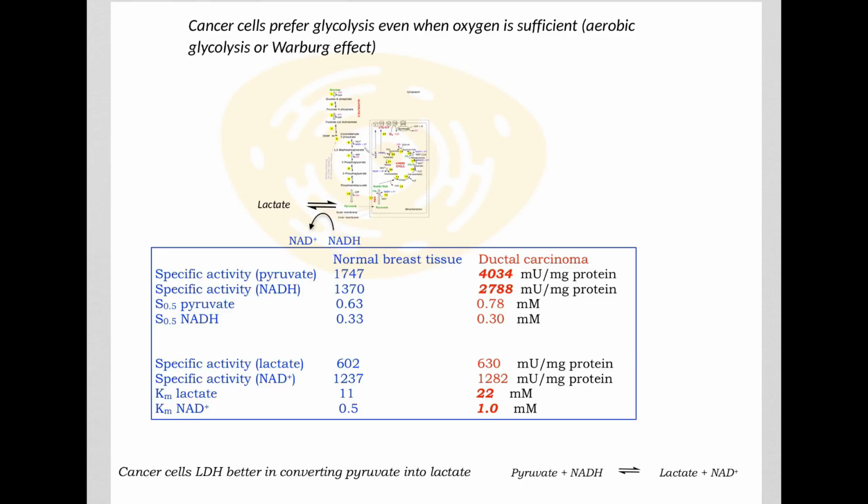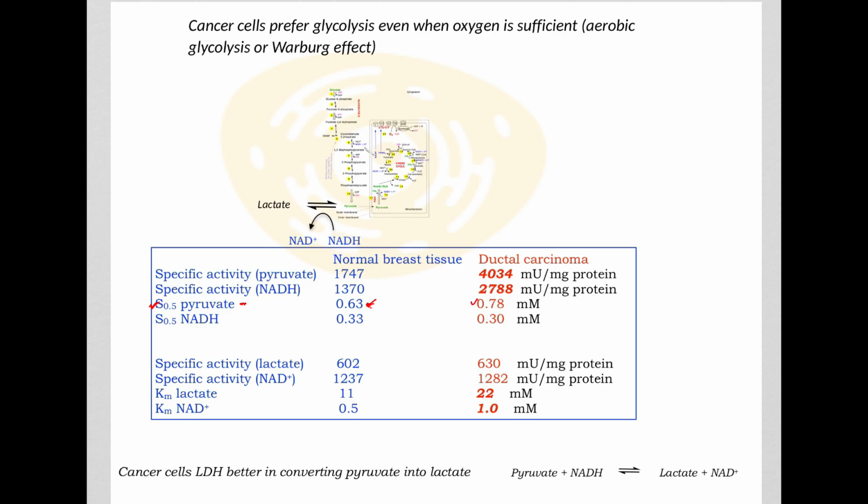The Km for the lactate dehydrogenase was not much different. When pyruvate was used as the substrate for normal tissue, the Km was 0.63. We use the word S0.5 because this enzyme shows sigmoidal kinetics. So instead of Km, we use S0.5. So the S0.5 was 0.63 for normal.